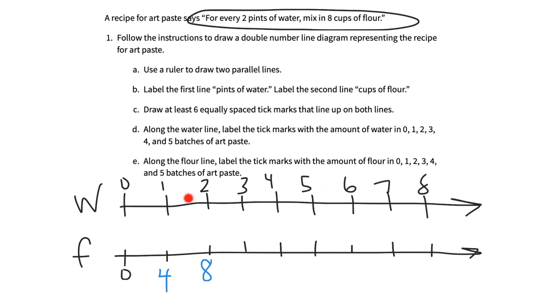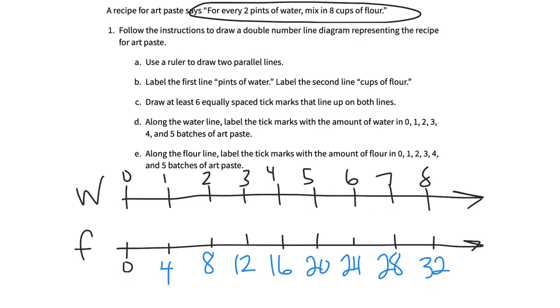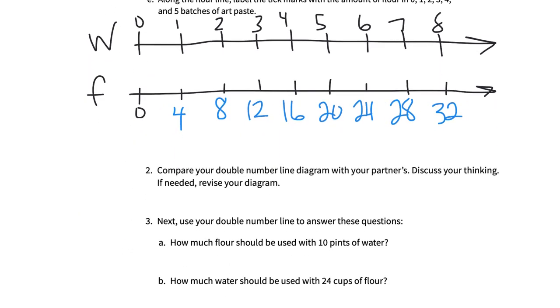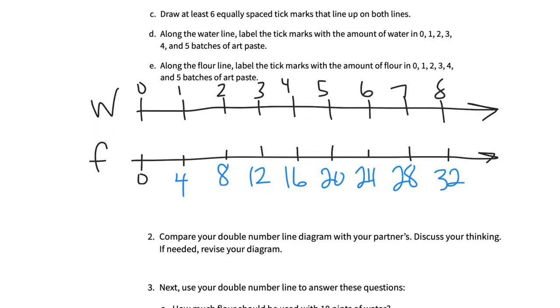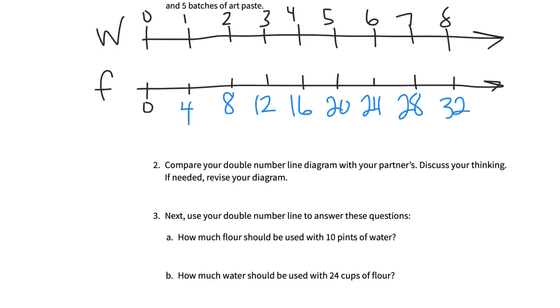So these are going up by 1s, so these are going to go up by 4s. 16, 20, 24, 28, 32. And we're starting to see patterns all over the place.